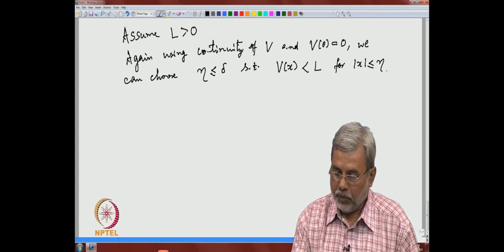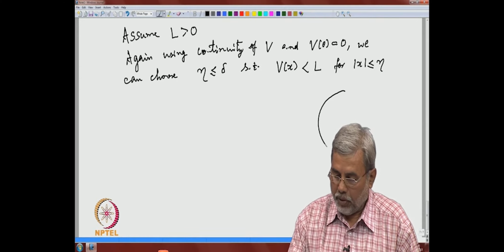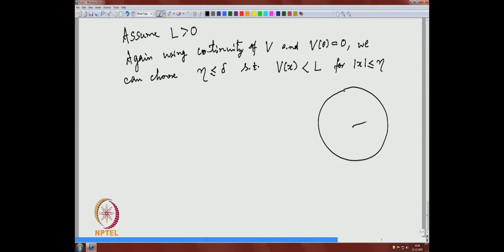So, here is the picture. Let me again recall that. This is epsilon, this is the origin, and we have a delta inside. Remember that this eta is chosen so that we have this condition.